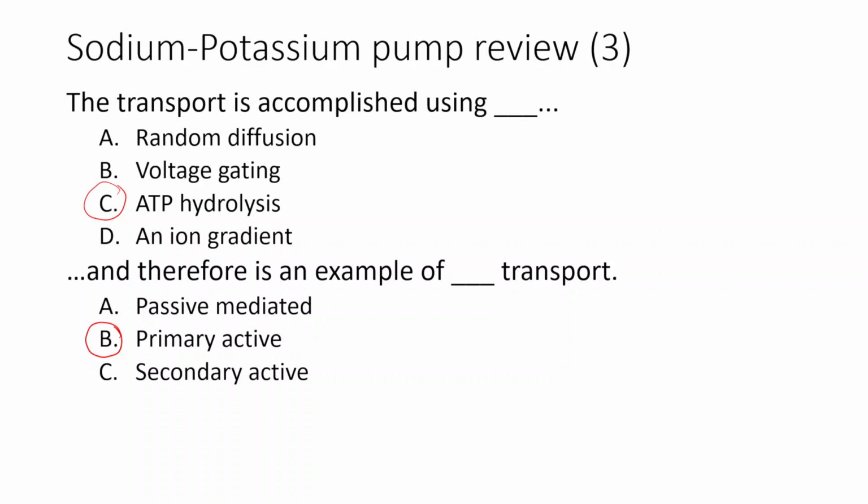Secondary active transport is when another transporter takes advantage of an ion gradient that's being created through another transporter using energy. So a primary active transporter might establish an ion gradient that another transporter is then using or taking advantage of for secondary active transport. Okay.